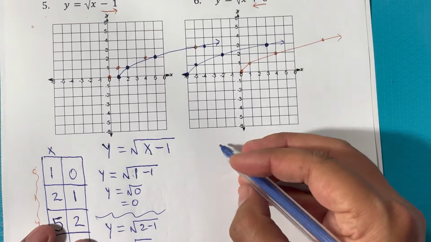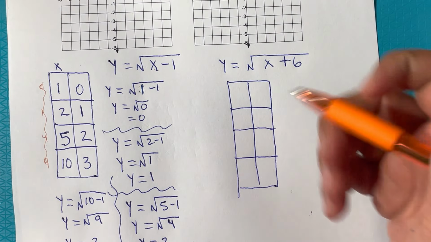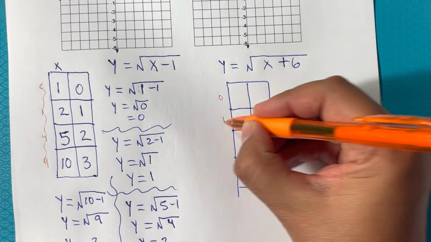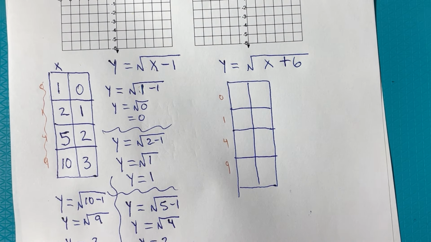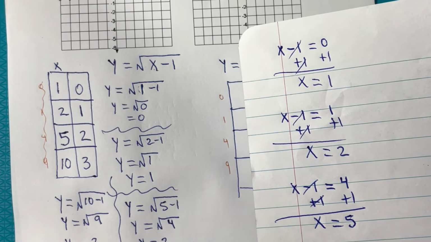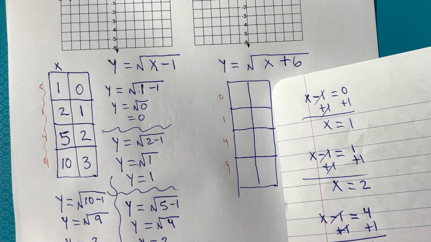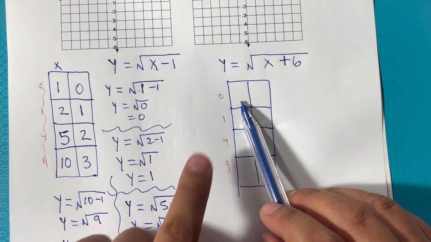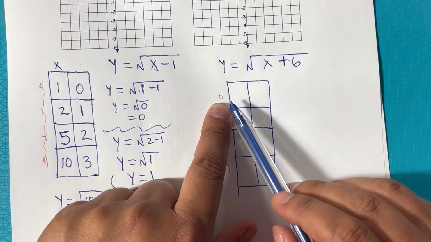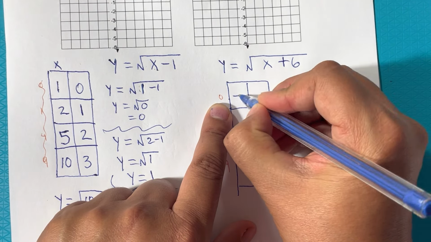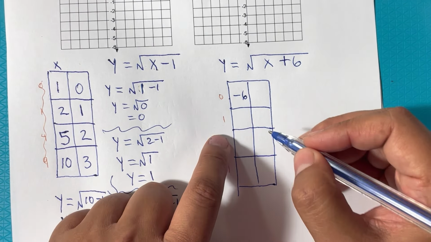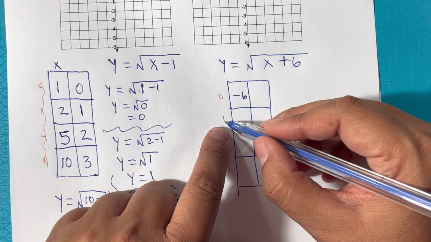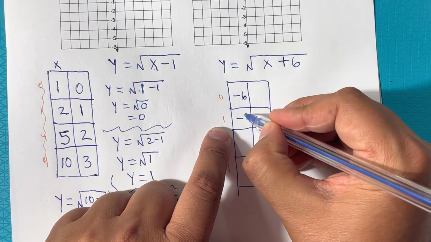Let's check. Okay, we need the values 0, 1, 4, 9. You can do the little equations on your own. Just put x plus 6 equals 0, x plus 6 equals 1, 4, and 9. Okay, you can just see, if I need a 0, -6 and the positive 6 will make 0. To make it a 1, I need -5.